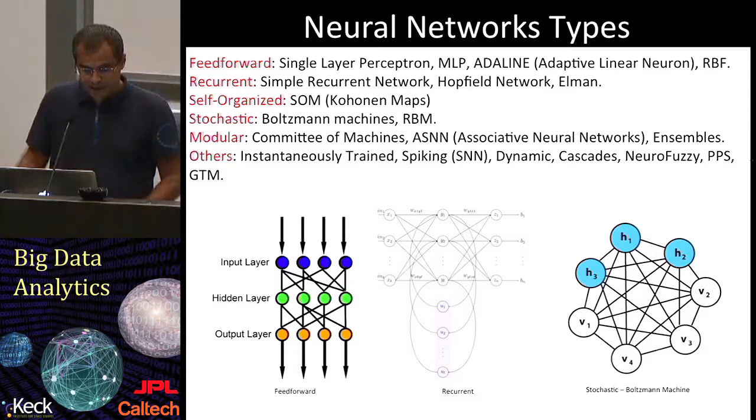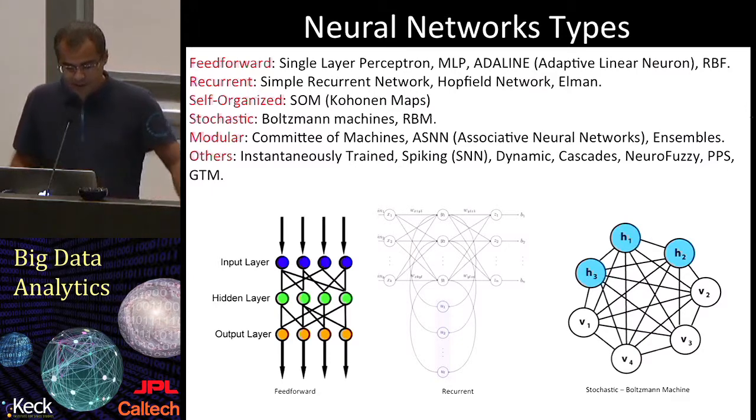Self-organizing maps are typically considered similar to feed-forward, but in reality they are quite different, as we'll see when we talk about clustering. Stochastic neural networks are built by introducing random variations into the network, and one of the most used are the Boltzmann machine or the restricted Boltzmann machine that are shown on the right.